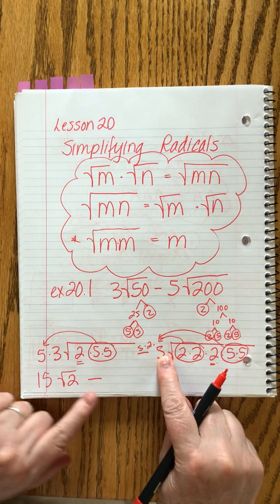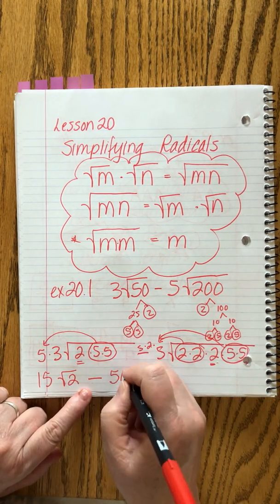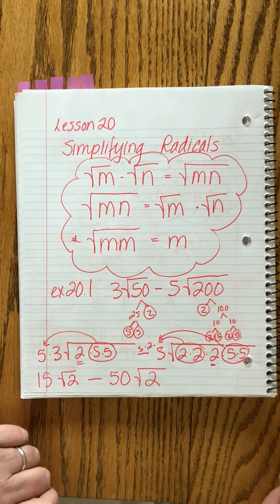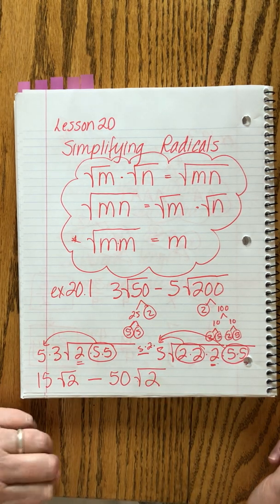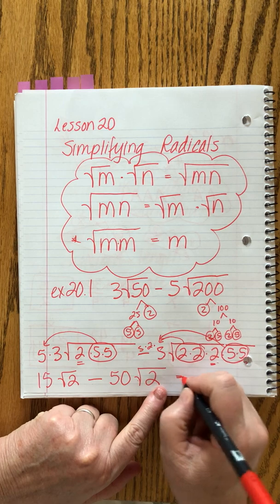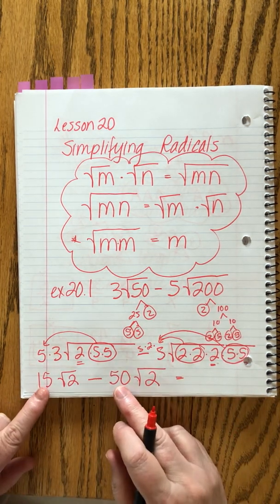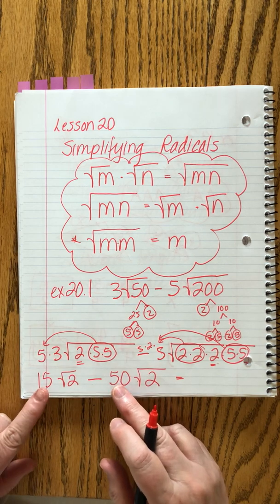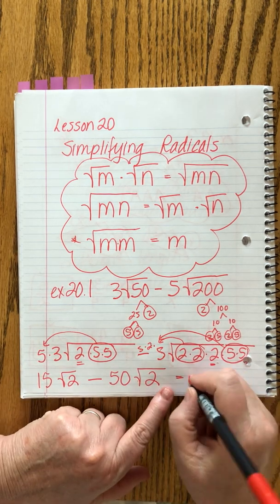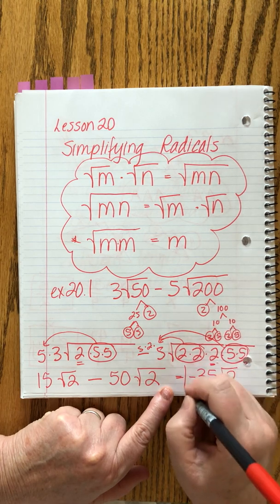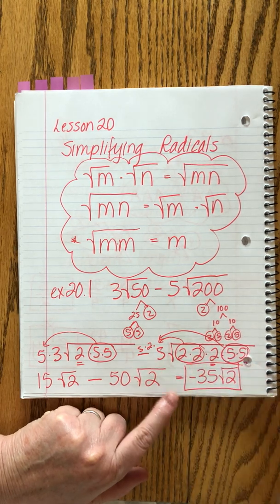We multiply it by the 5 that was there, that's 50. And all we have left over here is square root of 2. Look at that. And so our final answer, and remember, once the pig houses match, then we can just turn our attention to the wolves and add and subtract those. 15 minus 50 is minus 35 square root of 2. Oh my gosh.